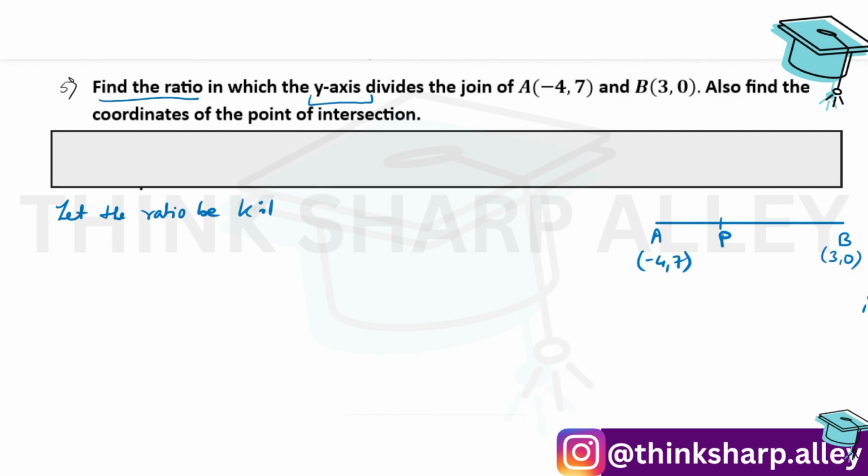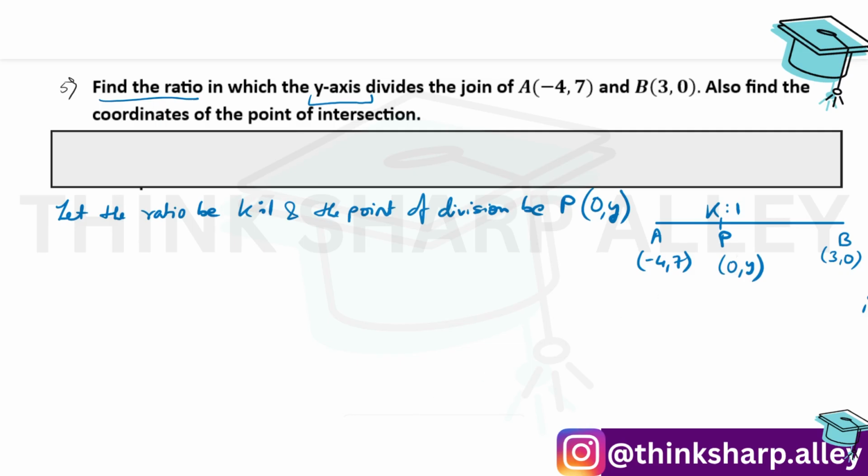So the coordinate of point of division P will be P 0, y, because any point on y-axis is of this form. Now since I already know the x coordinate, I can use x coordinate to calculate the ratio.